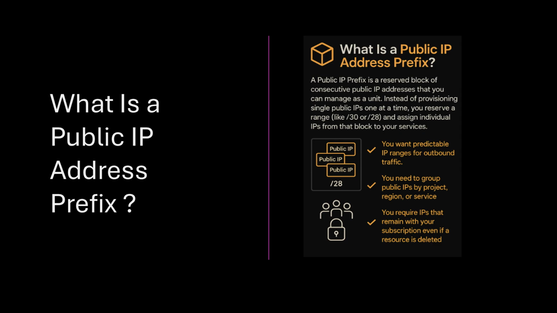This not only gives you predictable IP ranges, but also simplifies management across projects, regions, or workloads. And finally, be intentional about how you group those IPs. Use separate prefixes for front-end, back-end, or internal services to keep your design clean and scalable.